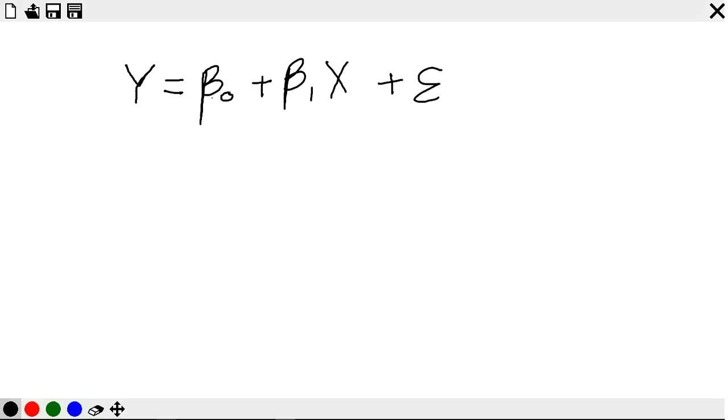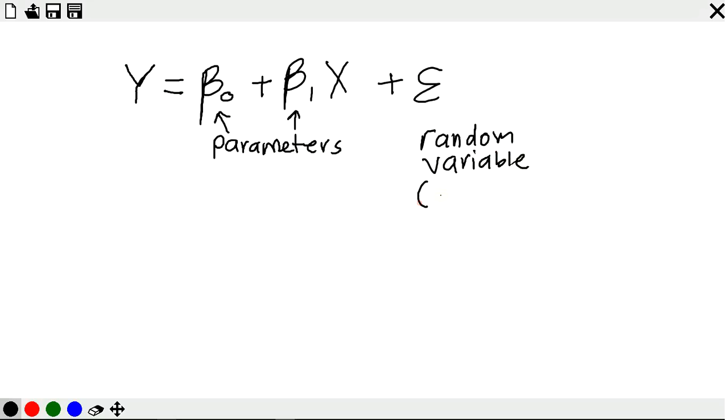So the beta 0 and the beta 1 are what we call parameters of this relationship, whereas epsilon is actually a random variable. It's random. I'll call it noise.